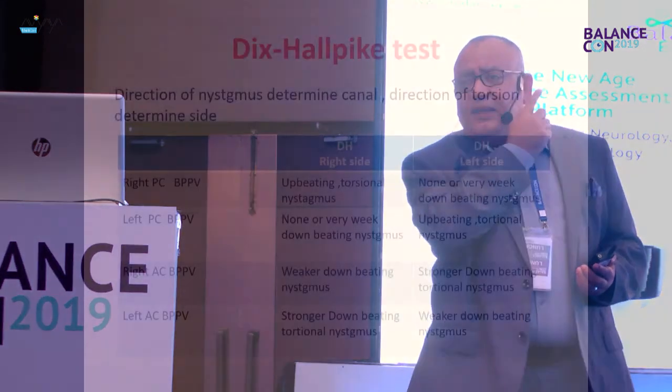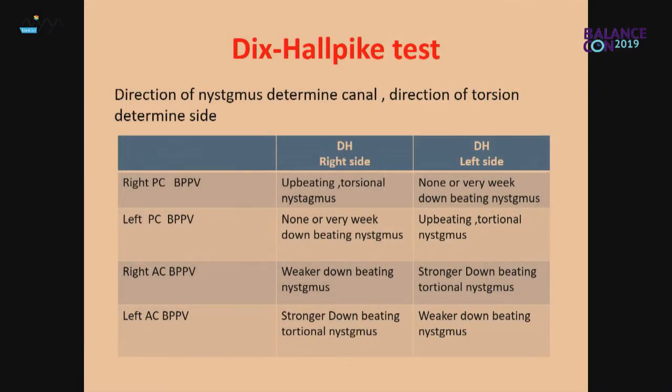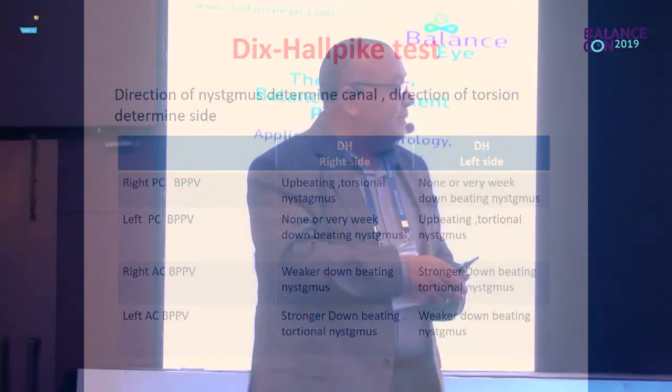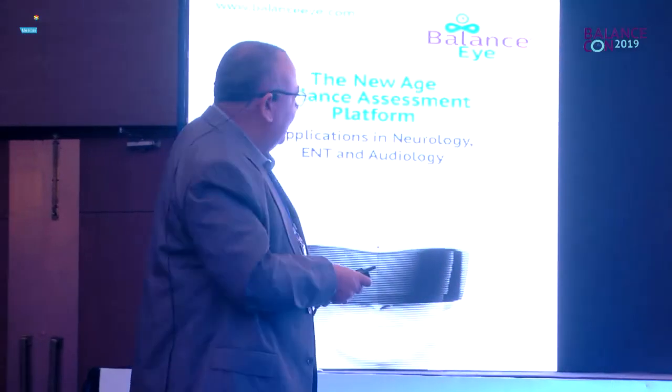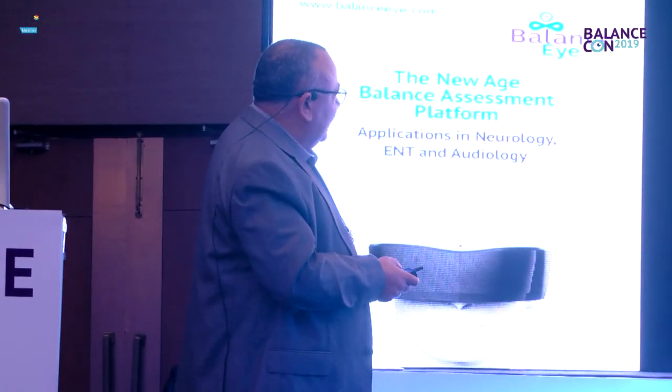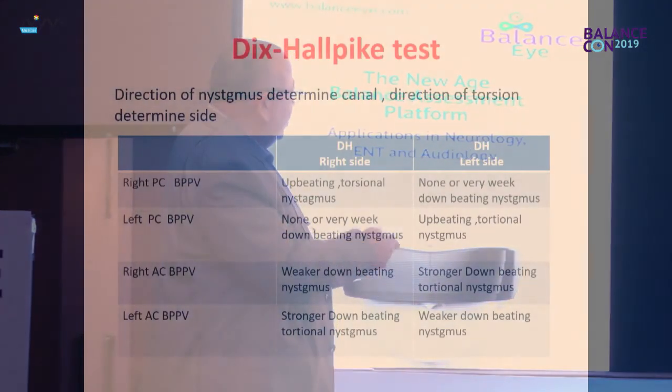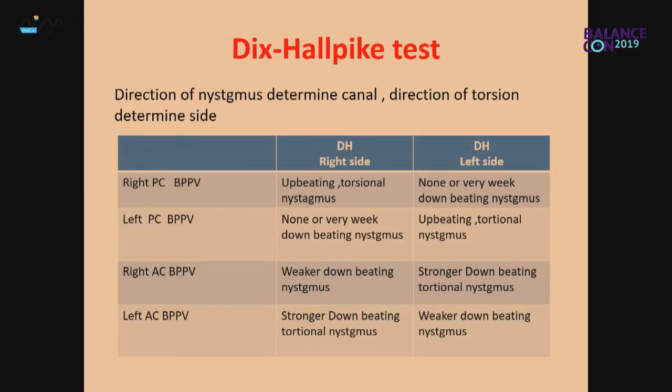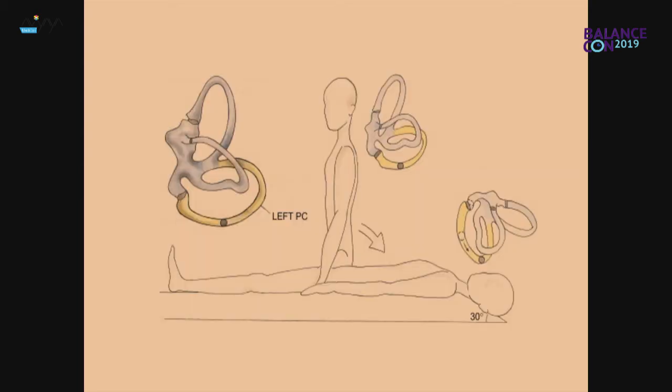So always, left anterior canal BPPV will be more symptomatic in the right Dix-Hallpike, and the right anterior canal BPPV will be more symptomatic in the left Dix-Hallpike. So just keep this in your mind. This is a summary for the vertical canal BPPV findings in the Dix-Hallpike test.